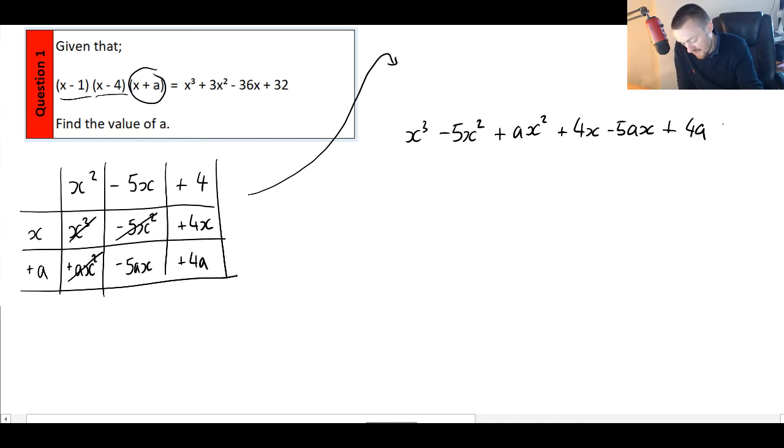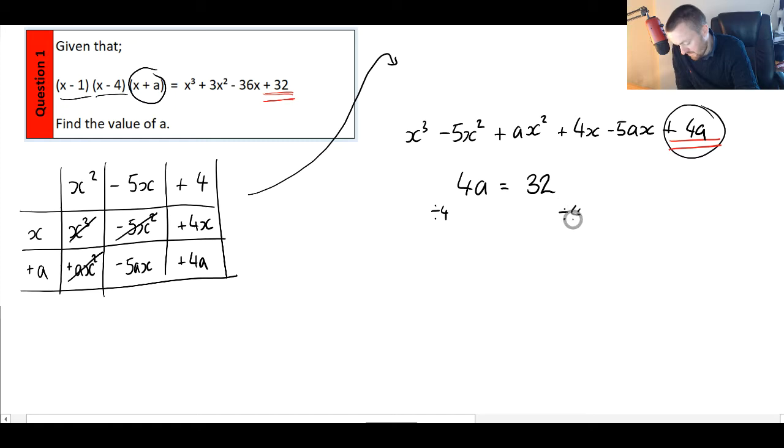This bit here at the end, positive 4a, is the only thing that doesn't have an x in it. Now, if I look at this positive 4a, that has to represent that plus 32 at the end. So I know that 4a is equal to 32. And then if I just divide both sides of that equation by 4, I'm going to get a equals 8.